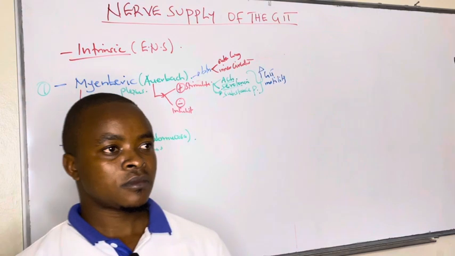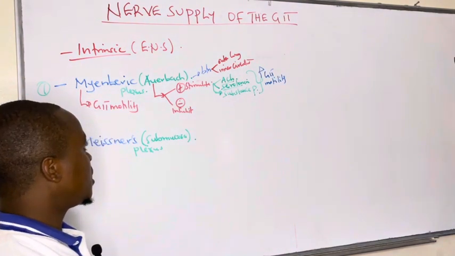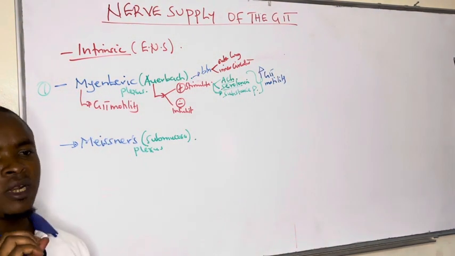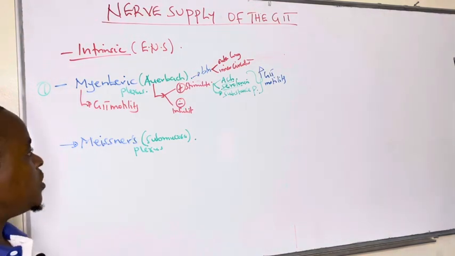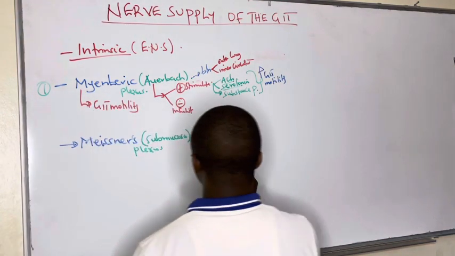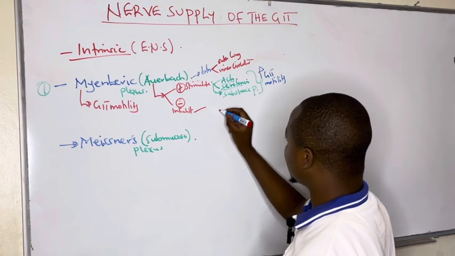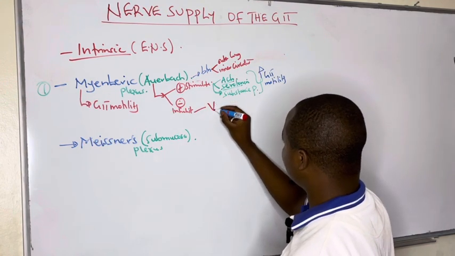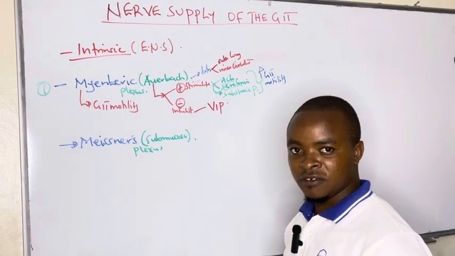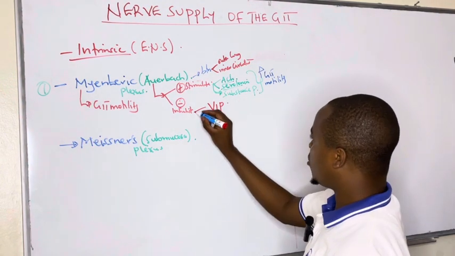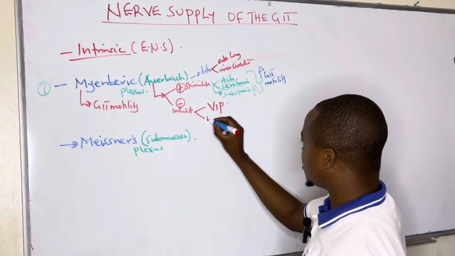fibers. That is myenteric. And whenever we want to inhibit GIT motility, we see inhibitory neurotransmitters like vasoactive intestinal peptide, that is VIP, being produced, or we can see production of neurotensin.